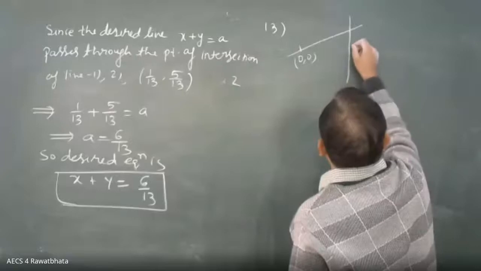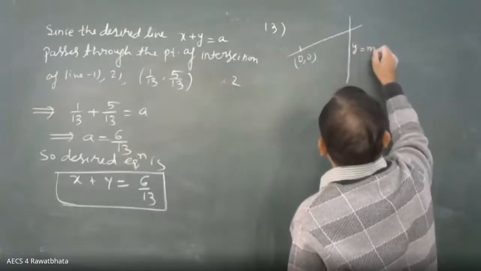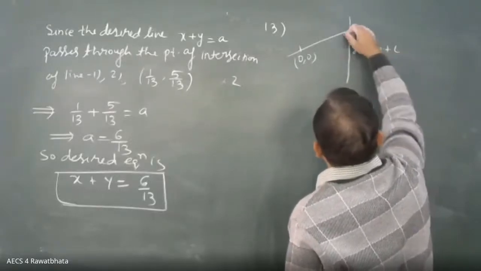The line passes through the origin and makes an angle theta with the line y is equal to mx plus c. The line y equal to mx plus c creates the angle theta. Okay. Is y upon x is equal to m plus minus tan theta upon 1 minus plus m tan theta.